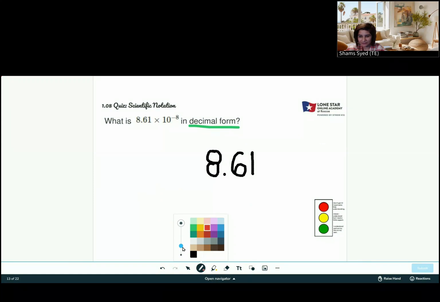Keep in mind, exponent is a -8. Negative means going to the left. Negative means the decimal is going to the left. How many places? 8 places. Let's take it 8 places.